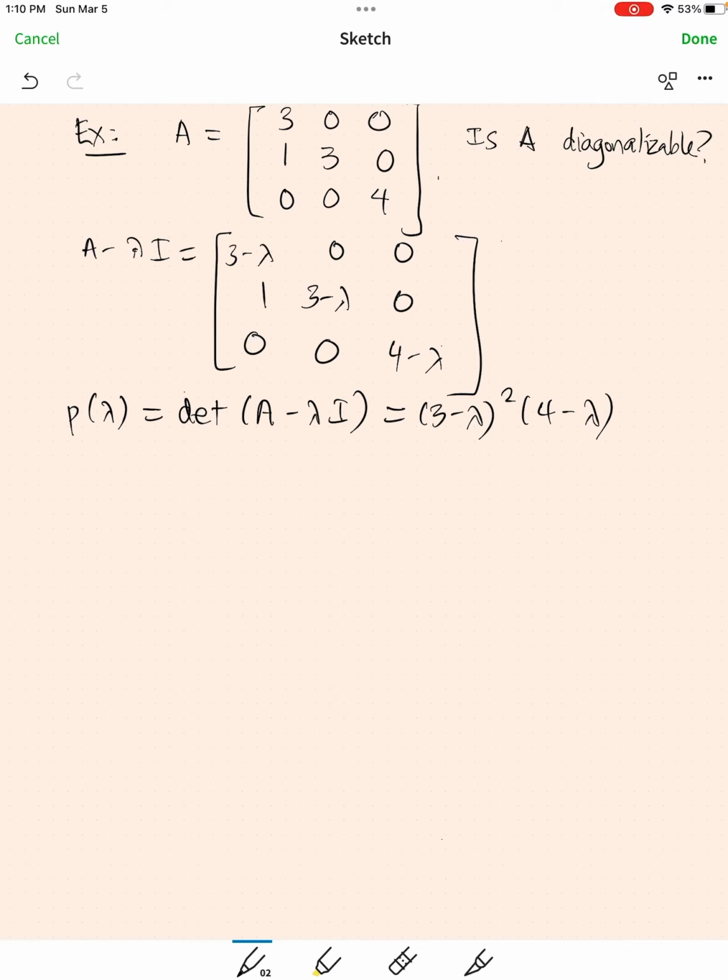If you do cofactor expansion along the first row, you have zeros, and so that's just not going to do anything. So this is the characteristic polynomial. And so the eigenvalues are lambda 1 is 3, lambda 2 is 4.